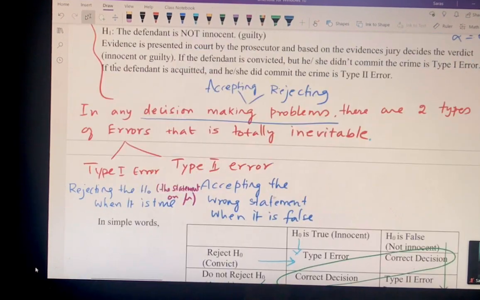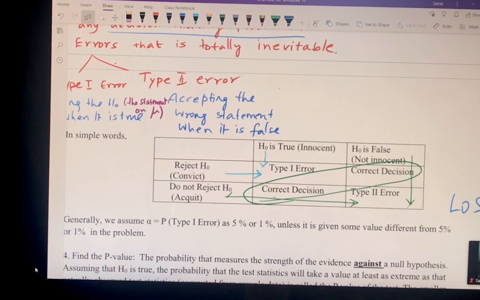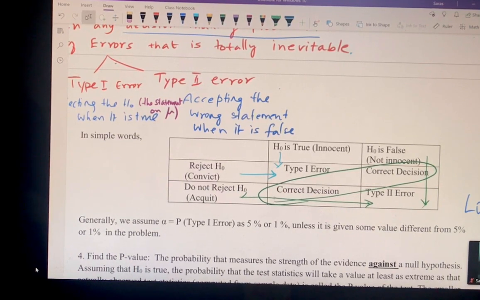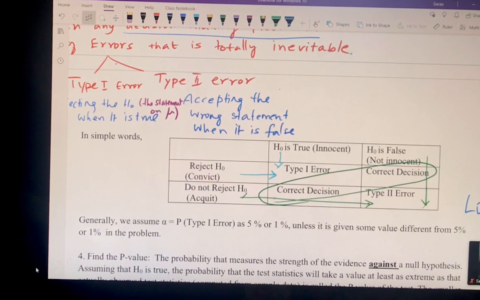Let's put the same information in a table. I am going to call the rows convicted and acquitted, and across the table on the other side, I'm calling it innocent, not innocent. When you are an innocent guy and acquitted, that's the correct scenario.